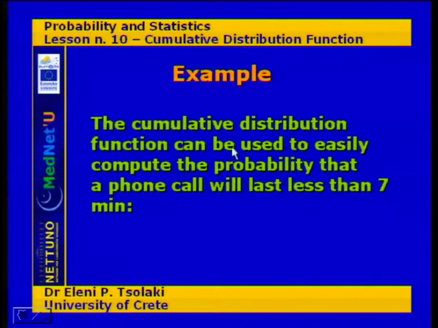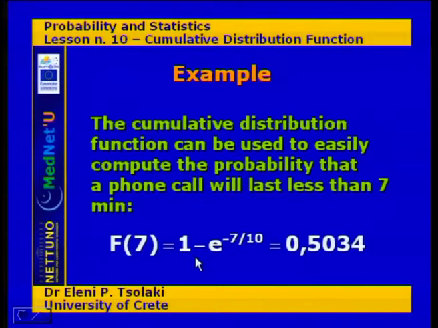The cumulative distribution function can now be used to compute the probability that a phone call will last less than 7 minutes. We don't need to do any calculations to find this probability.